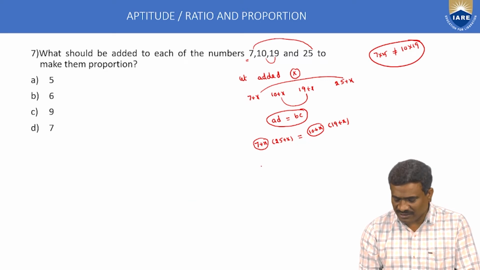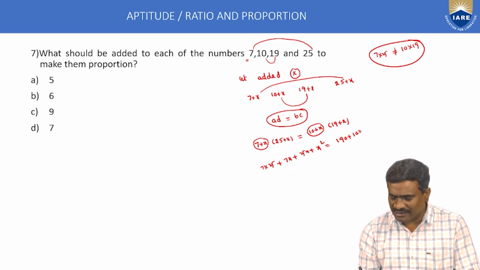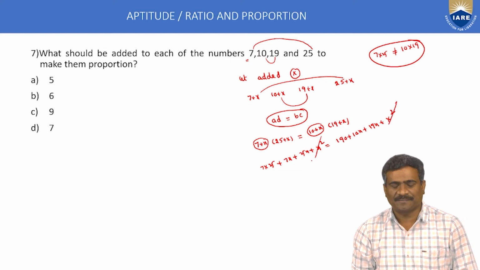Next, 7 into 25 plus 7 into x plus 25x plus x square is equal to 190 plus 10x plus 19x plus x square. The x square term cancels.